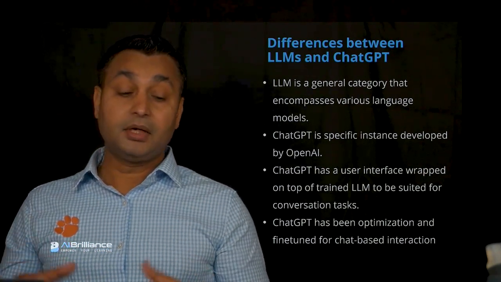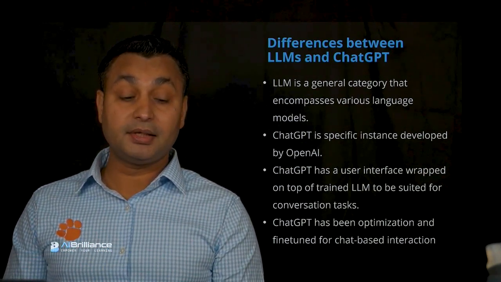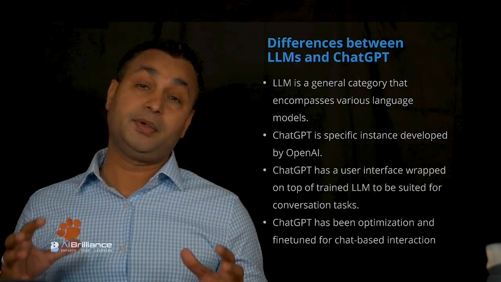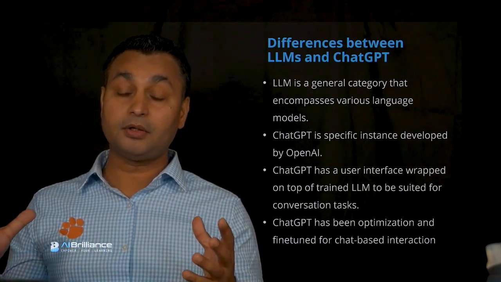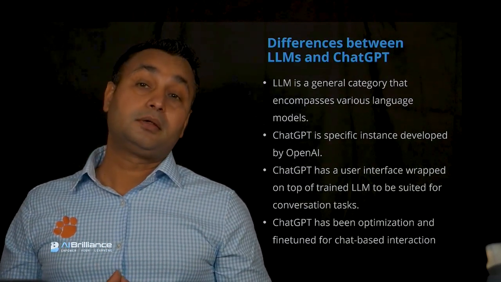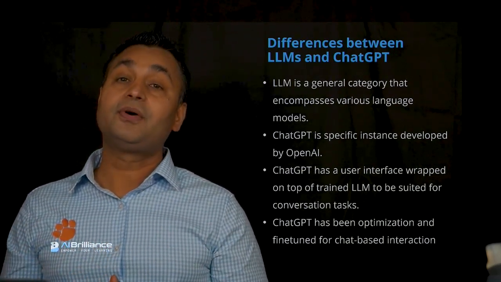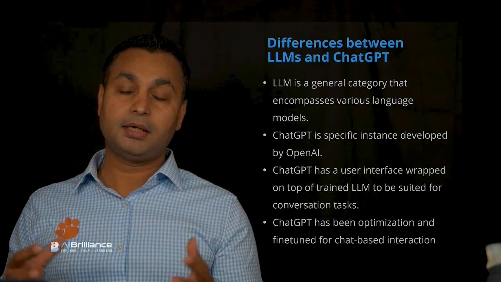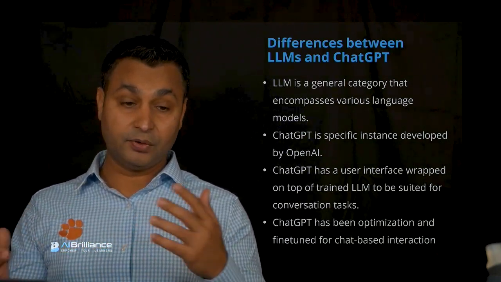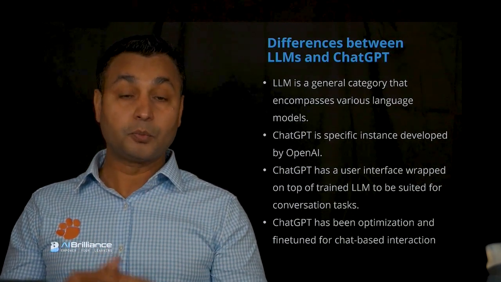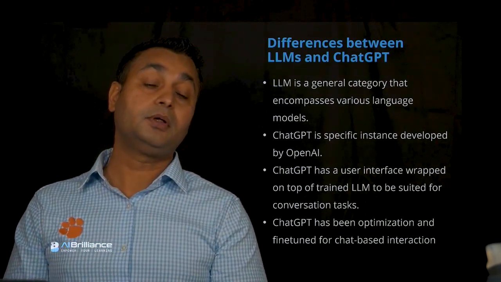Now, it turns out that ChatGPT has been optimized and fine-tuned for chat-based interaction. As I mentioned, one of the steps of developing a large language model is fine-tuning. ChatGPT has been fine-tuned for conversational AI tasks, or basically chat-based interaction, where people can interact with the large language model underneath ChatGPT.